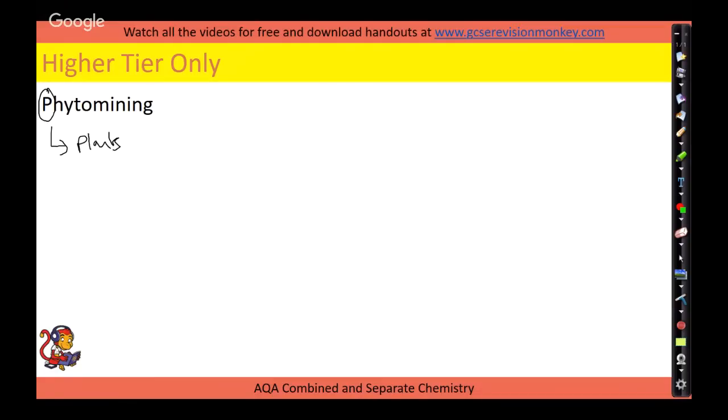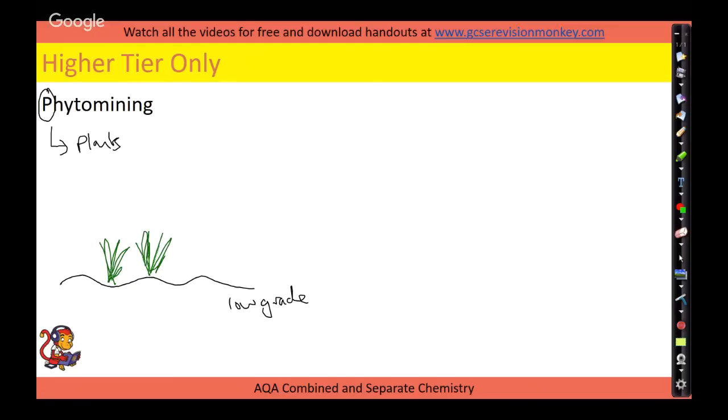Now, we want lots of different metals, but unfortunately, good high-grade ores of metals are running out. So resulting in having to use low-grade ores with, for example, not a lot of copper in. If we wanted to extract copper, we could then grow plants on these low-grade ores.